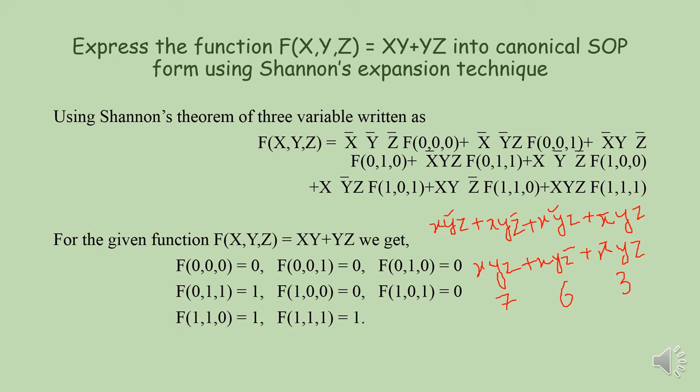So from the functional values of f, how do we get the canonical SOP form?